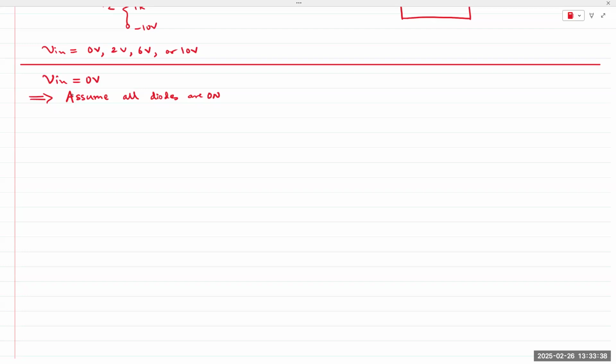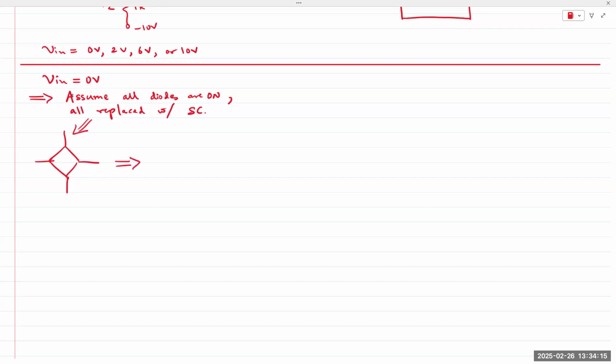So if I assume that all diodes are on, that means all are replaced with a short circuit. So the diodes are going to look like this. Right? It's just a diamond configuration.